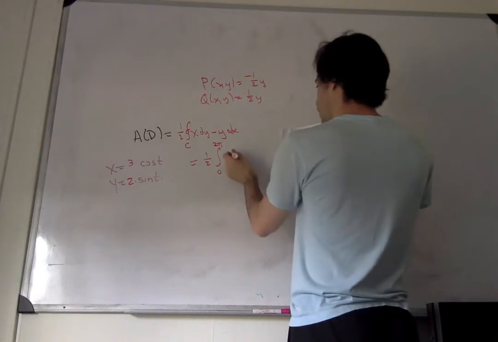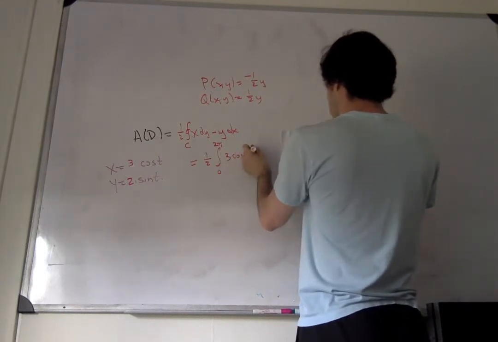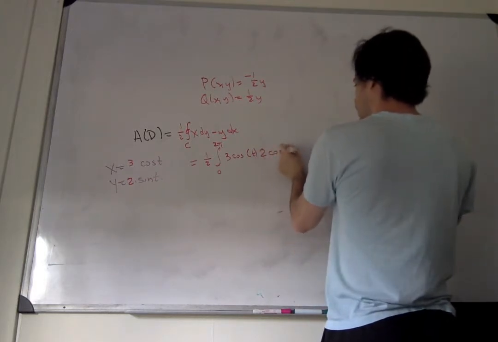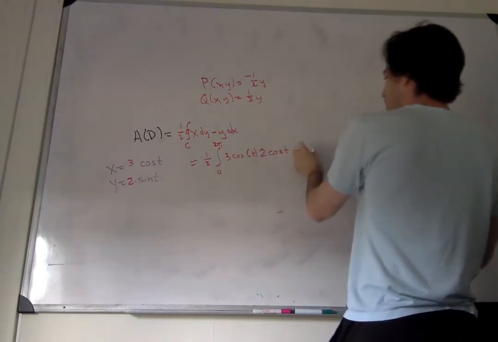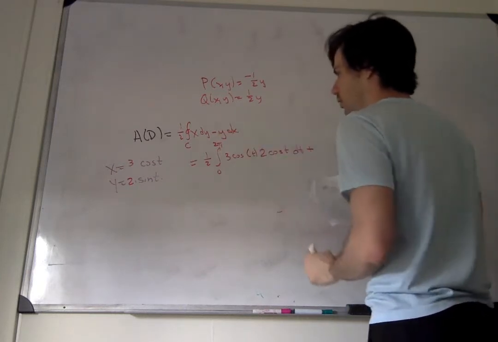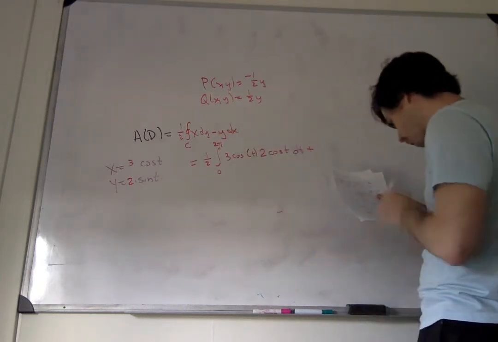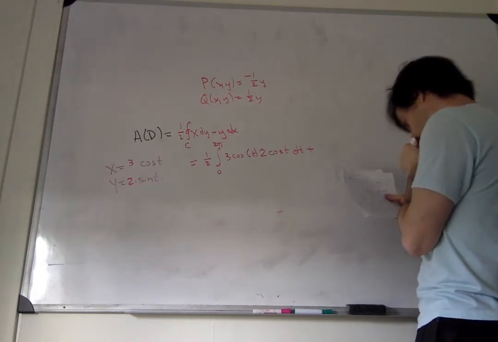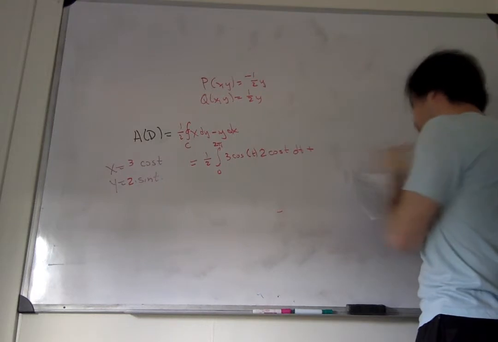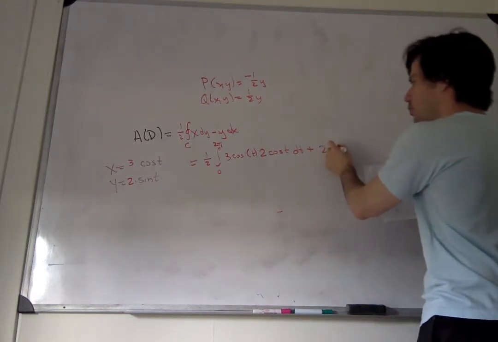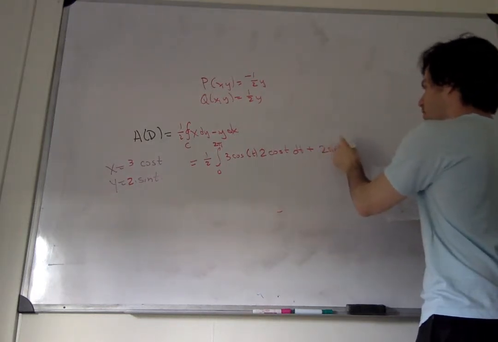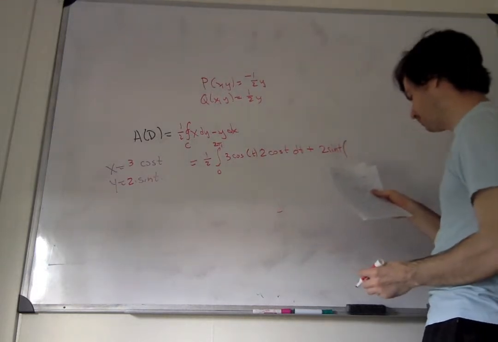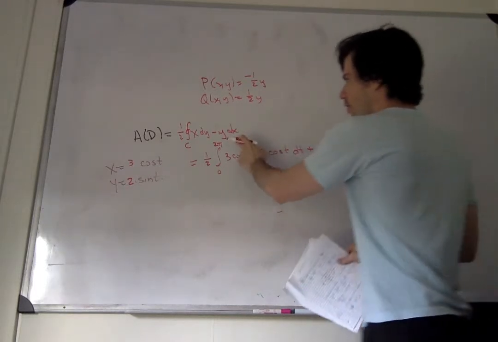So I get 3 cosine t, 2 cosine t dt, minus y, which is 2 sine of t, times the derivative of x.